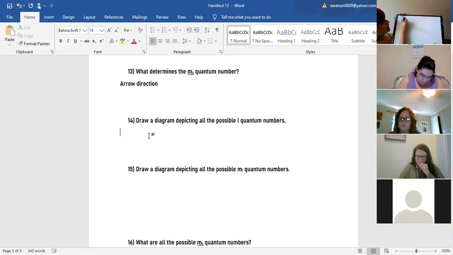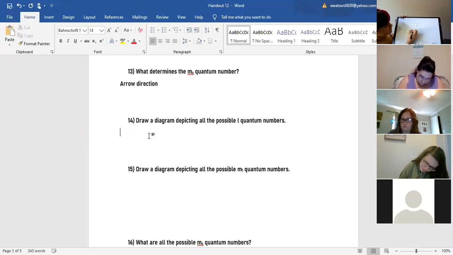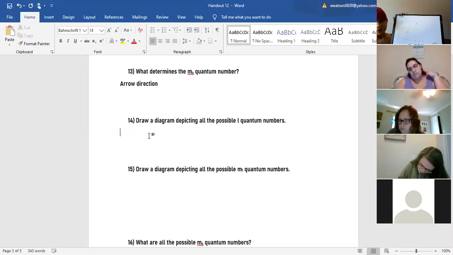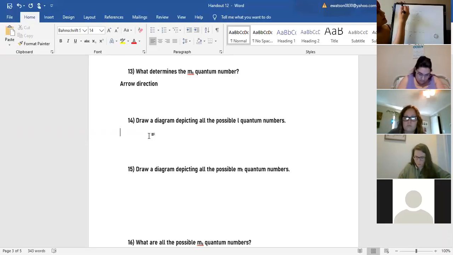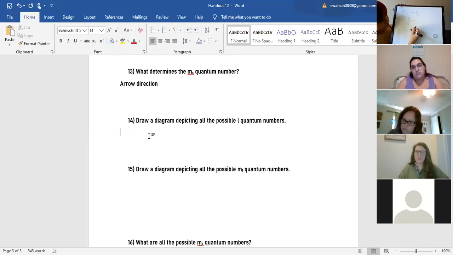So here you have your S orbital, your P orbital, your D orbital, and 1, 2, 3, 4, 5, 6, 7, your F orbital. This is going to be based on, like I said, the position in your orbital diagram. So we're going to go 0 at the center of each. And now you're just creating a number line.